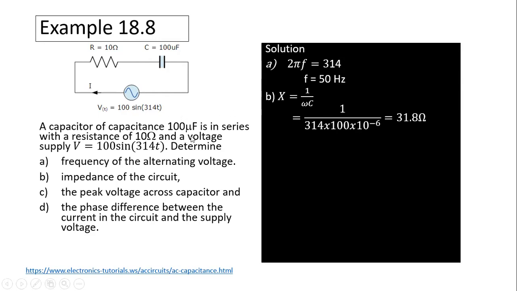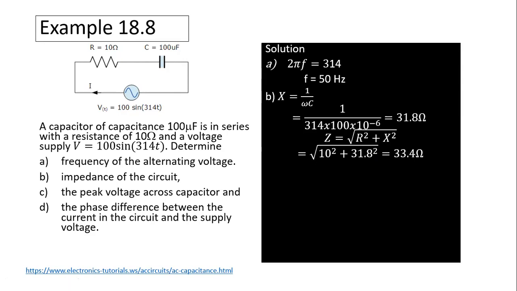C, convert it to SI unit. Use your calculator. 31.8 ohm. Then apply that equation. Z equals the square root of R squared plus X squared. R is 10, X is 31.8 squared. Okay, use calculator.